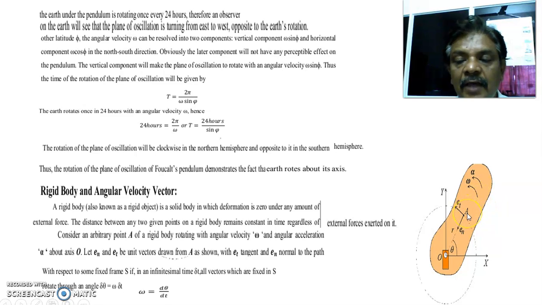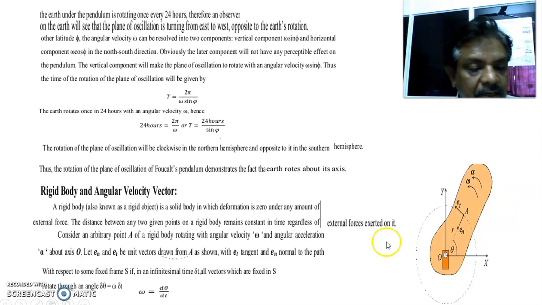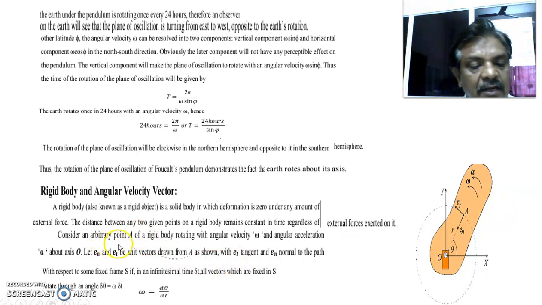The rigid body is generally taken as one whose values are fixed. Let us take this as a rigid body, with x and y axes on a plane, and this rigid body has a certain angular velocity. The angular velocity of the rigid body is also a fixed value and it is calculated like this. Consider an arbitrary point A on a rigid body. This is the point A, and this is the normal component and the lateral component.